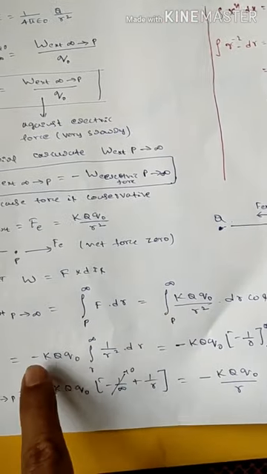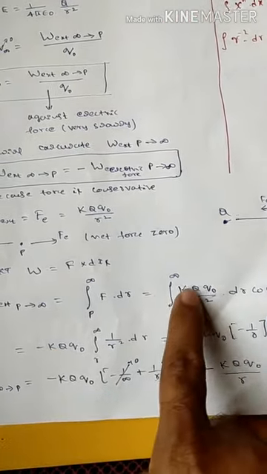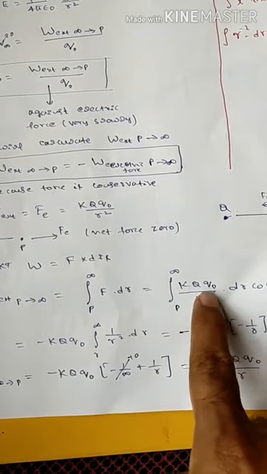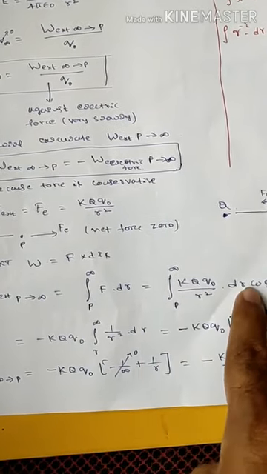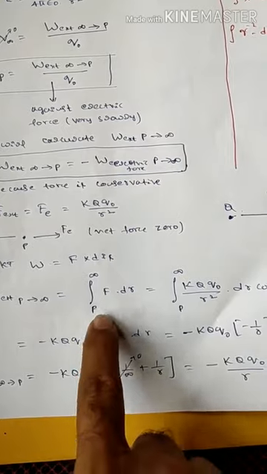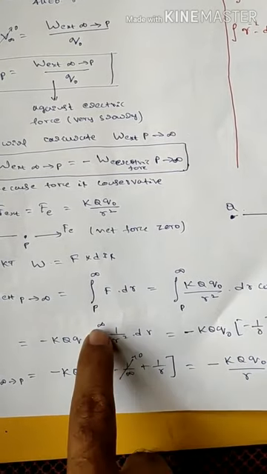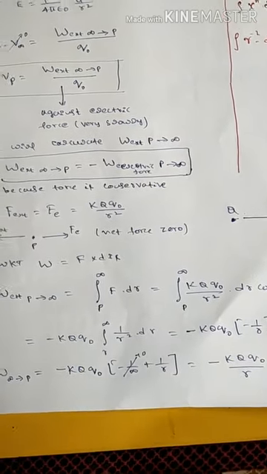Clear? See, minus 1 k q q naught, integration of 1 by r square into dr from r to infinity, finite distance to infinite distance. Clear?